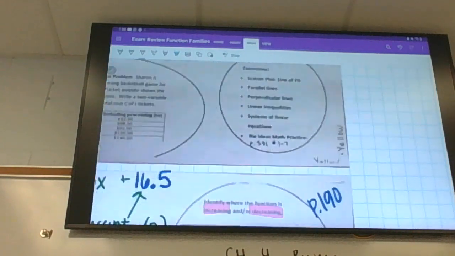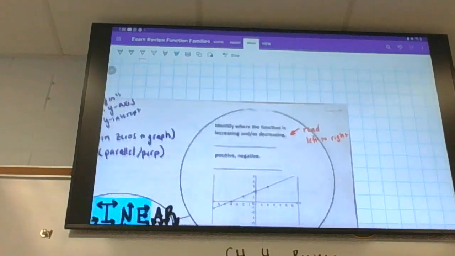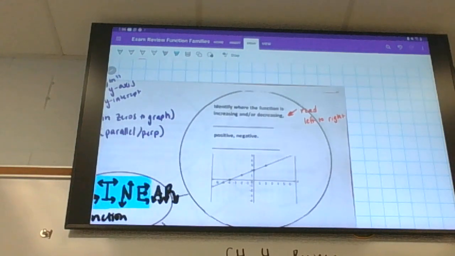And you guys did really good on the midterm on that, so you just need to review it. Do good again on the final. This is all increasing the whole way. It doesn't ever decrease. It would have to be non-linear to turn and go the other way. It increases the whole time.